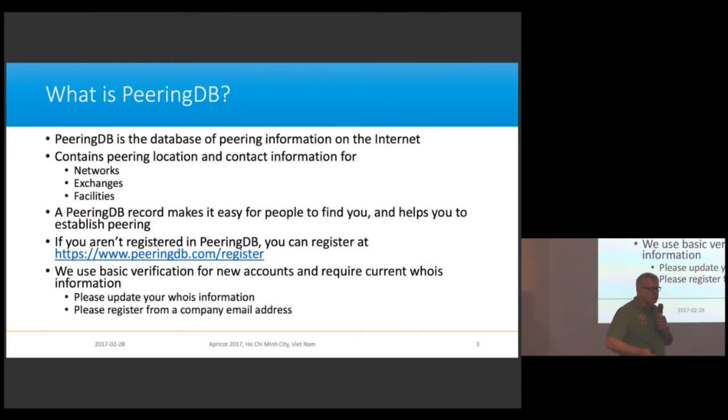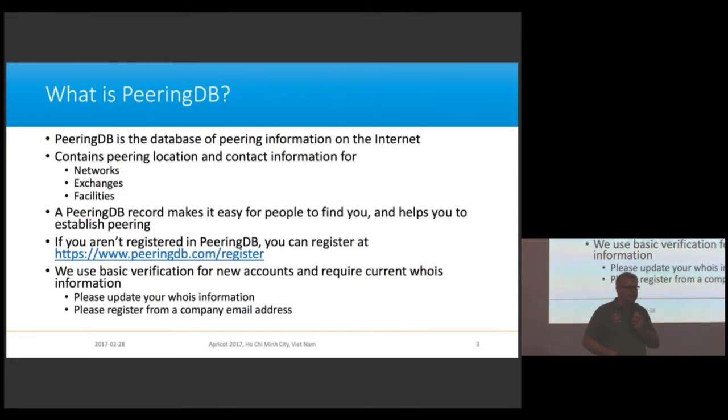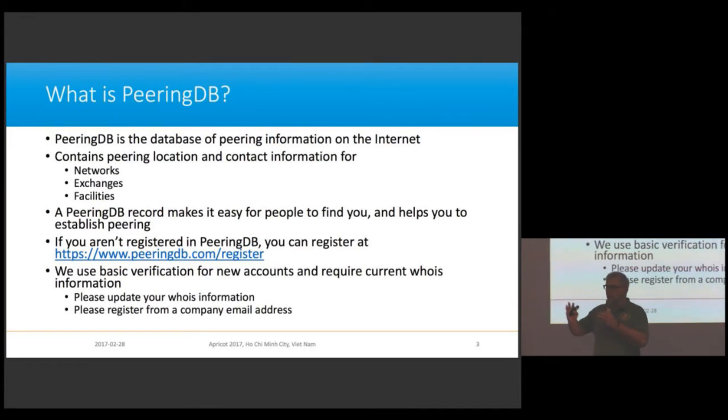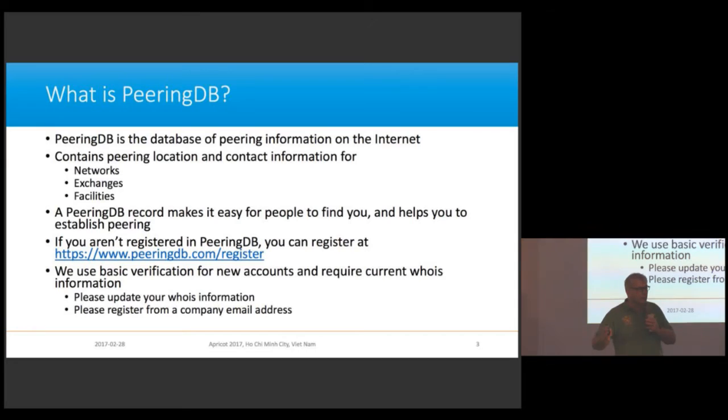You also need more information on the internet exchanges, and more important, if you want to do private peering, about facilities. And the goal of PeeringDB really was to store all this information about networks, IXPs, and facilities in just one place, and also to link all this information.